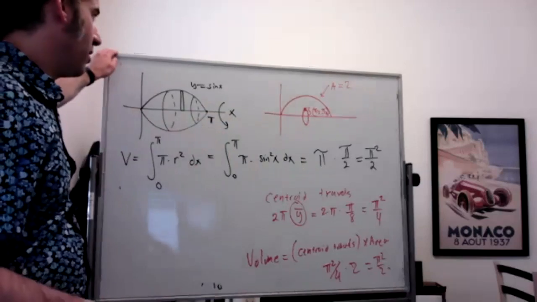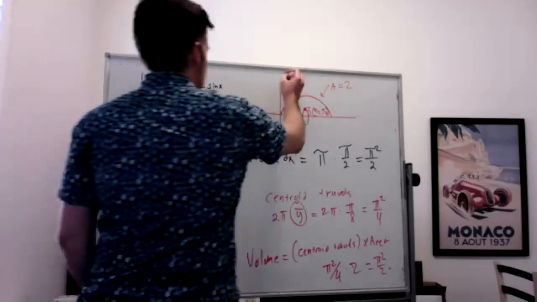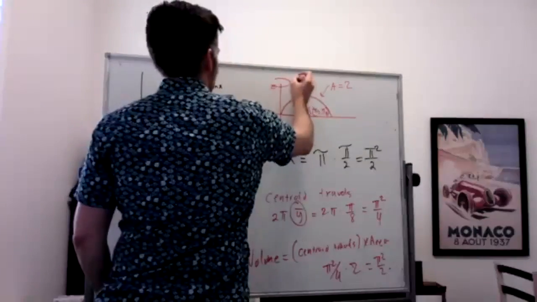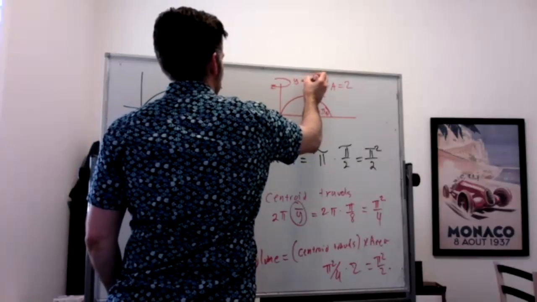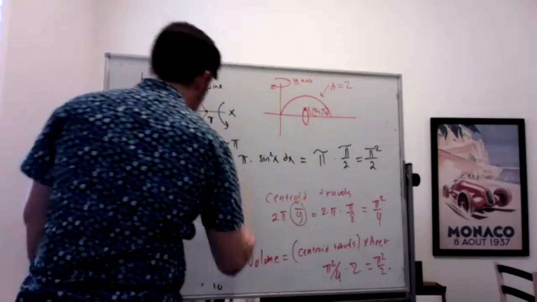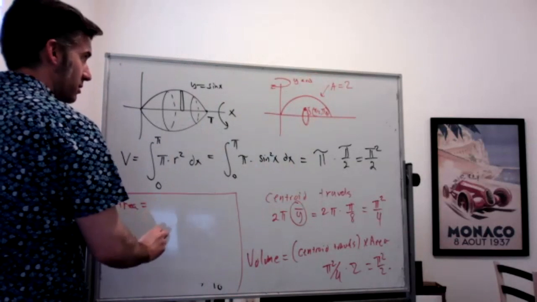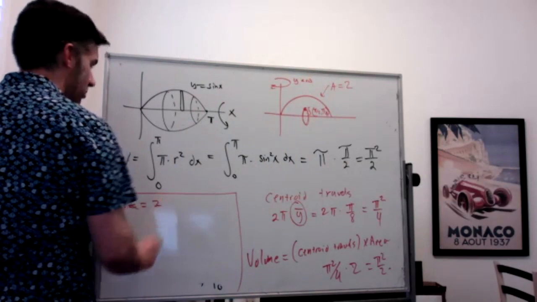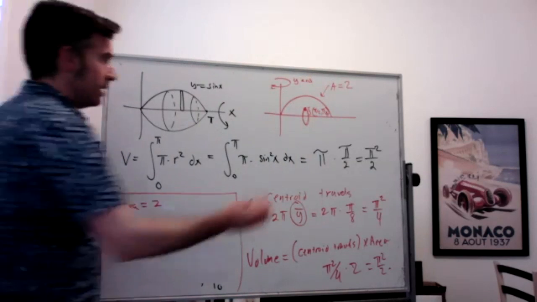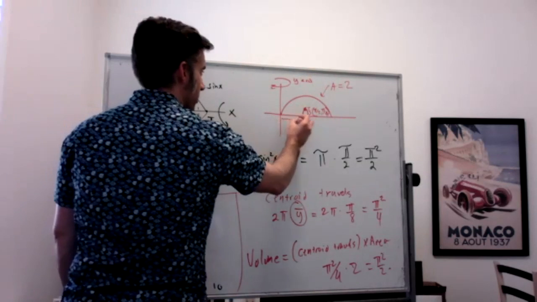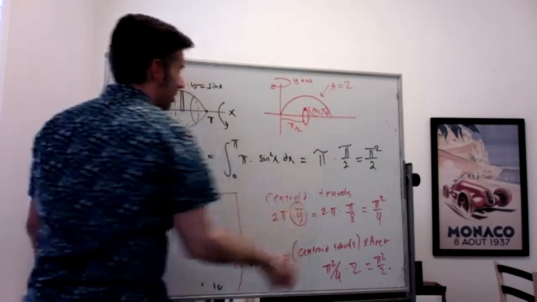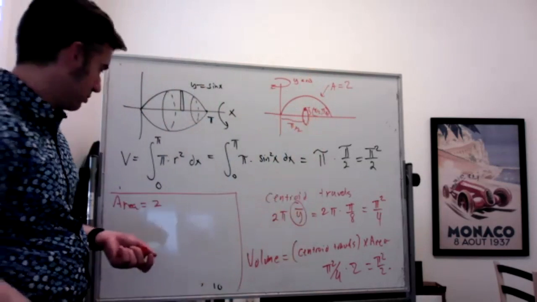So if you wanted to instead go around, say, the y-axis, well, again, we can find the volume very easily. The area is 2. The centroid is pi over 2 from the axis of rotation.